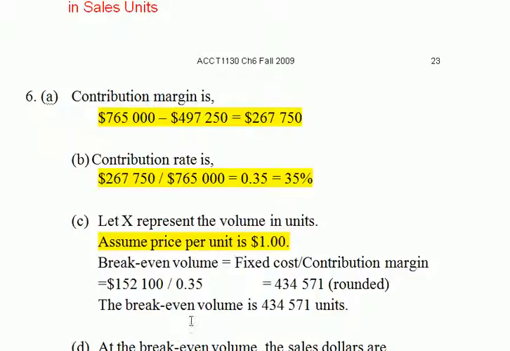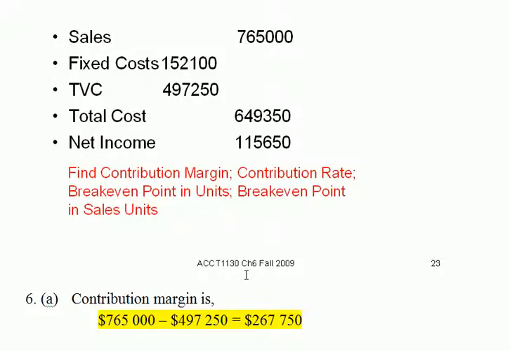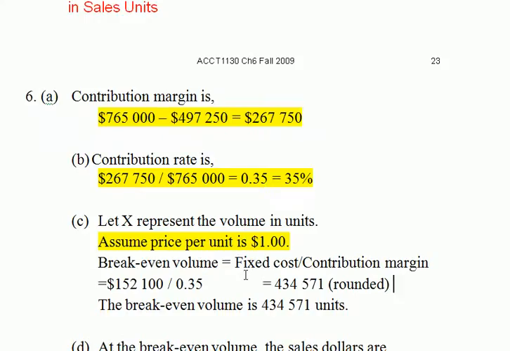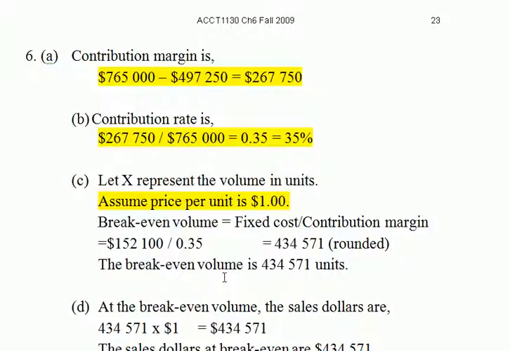The break-even volume is the fixed cost divided by the contribution margin. So you recall that the fixed costs, look back, were 152,100. How many do we have to sell to pay off those fixed costs?